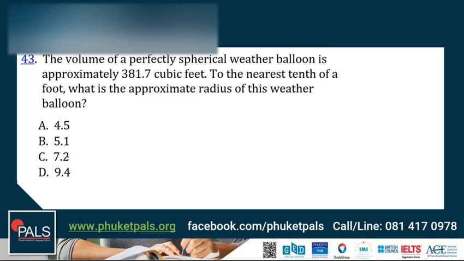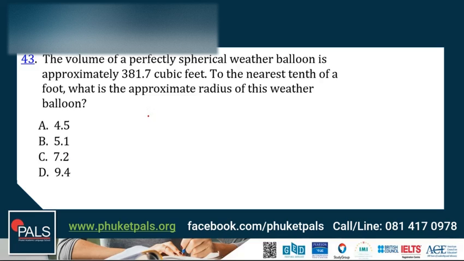43. The volume of a perfectly spherical weather balloon is approximately 381.7 cubic feet. To the nearest tenth of a foot, what is the approximate radius of this weather balloon? So to find the approximate radius, let's use the formula for finding the volume of a sphere.